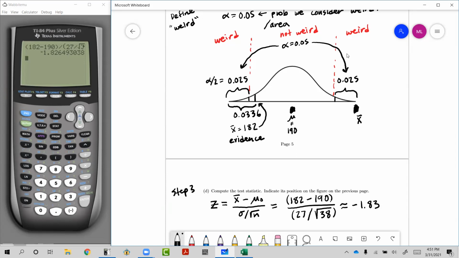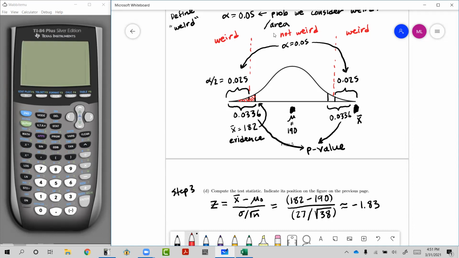But that's not the total p-value, right? I'm trying to find this area. It's 0.0336, but it's not fair to compare that red area to alpha, which again is split between both sides. So I need to double this number to get the combined area, because I also want the mirror image of it over here. Get another 0.0336 on this side, and that combined value between those two values, they make up the p-value.